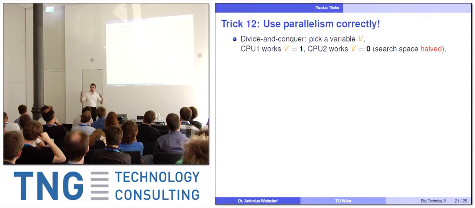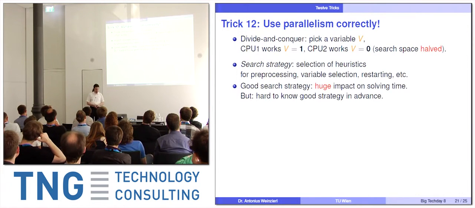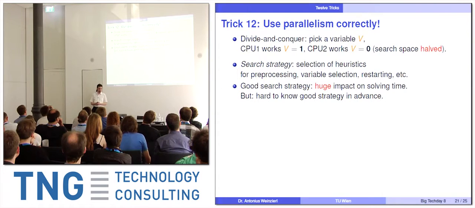This means that for each of the CPUs we have the search space halved, which is very nice, but we can do better. Because there is something which is called a search strategy.